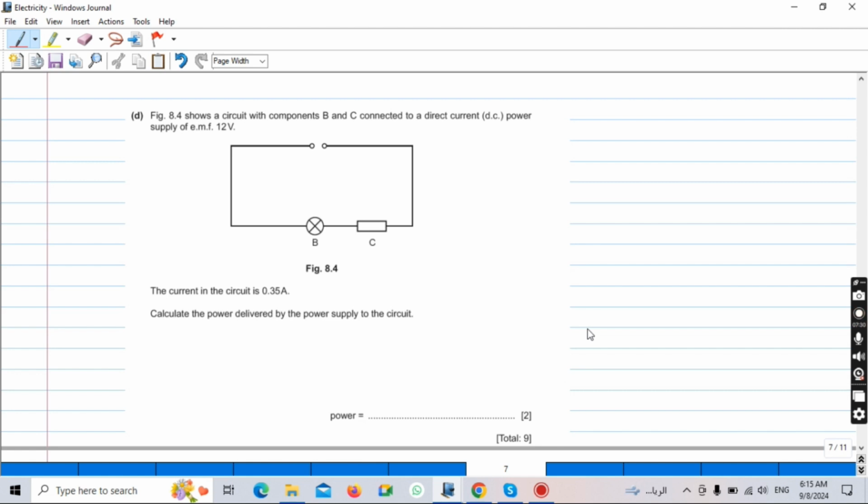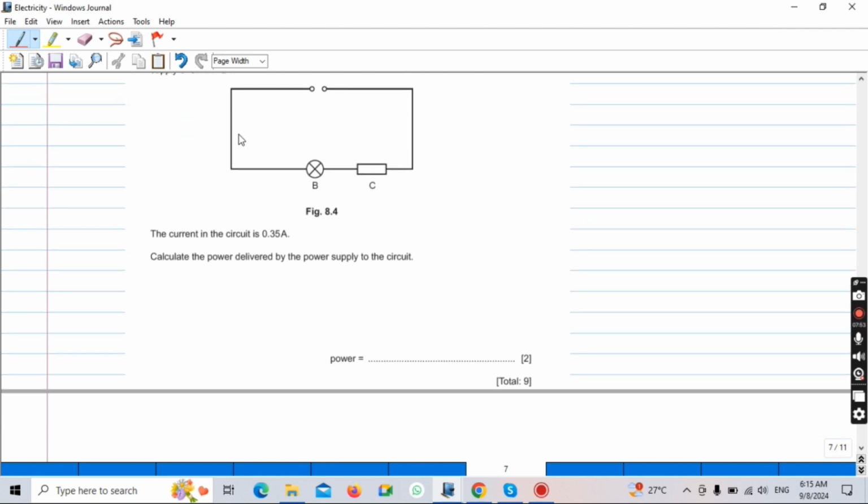Right. So figure 8.1 shows a circuit, the same figure, but without the semiconductor diode, with the components B and C connected to a direct current DC power supply of EMF 12 volt. The current in this is 0.35 ampere. So the question is, calculate the power delivered by the power supply circuit.